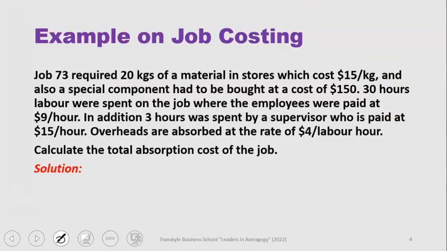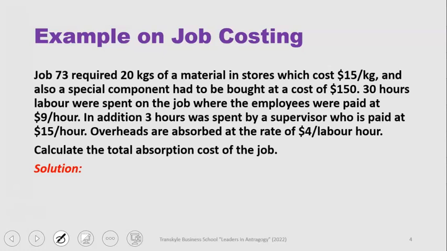We're giving that example, job 73, which required 20 kg of the material in stores, which cost $50 per kg, and also a special component, which has been bought at a cost of $150.